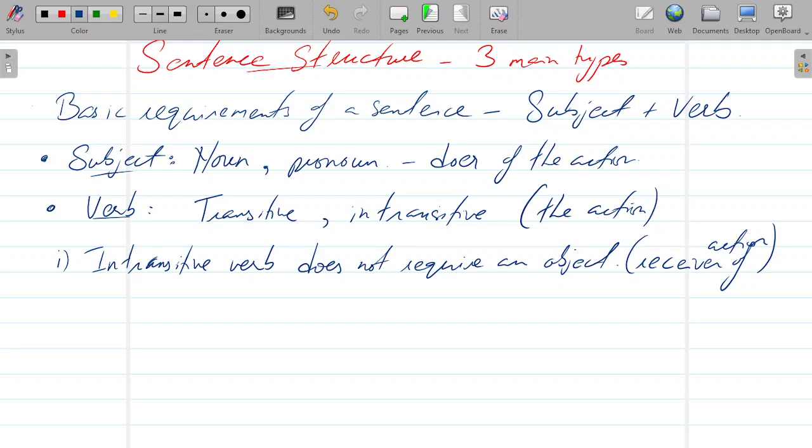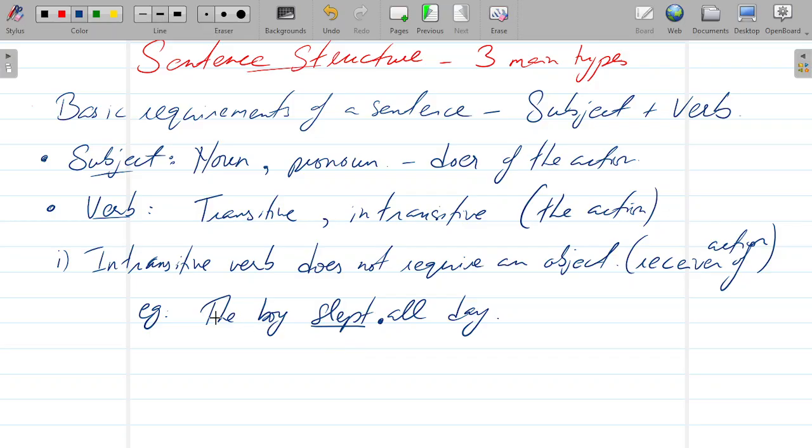And so you can give a sentence such as, the boy slept. I can actually put a full stop over here, and that would be a complete sentence.